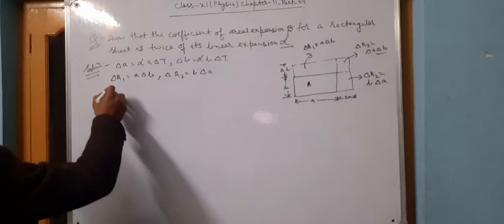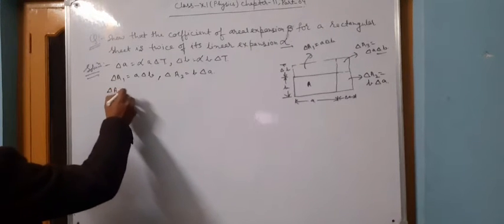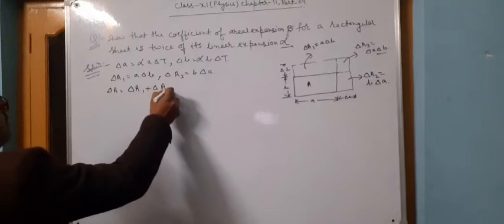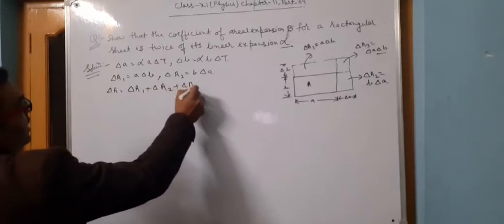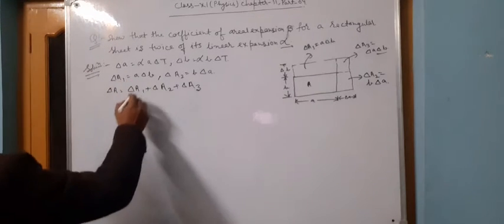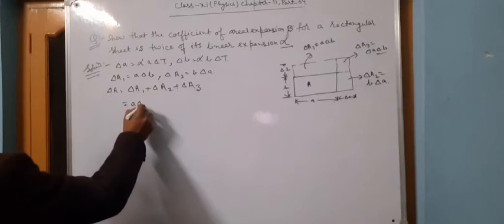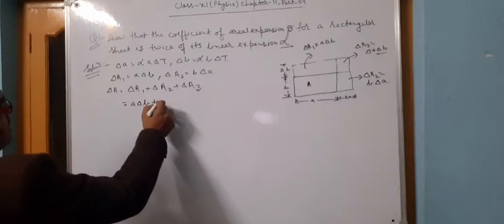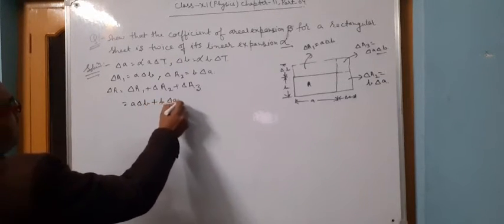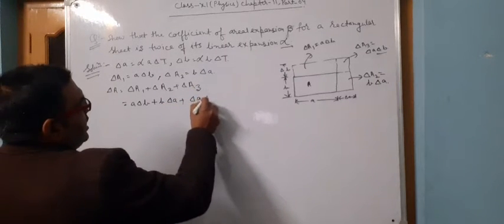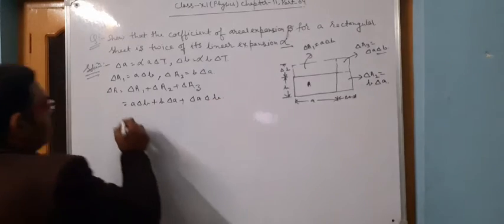The change in area delta A is equal to delta A1 plus delta A2 plus delta A3. Look at here. Delta A1 is A into delta B, plus B into delta A, plus delta A3, which is delta A into delta B.